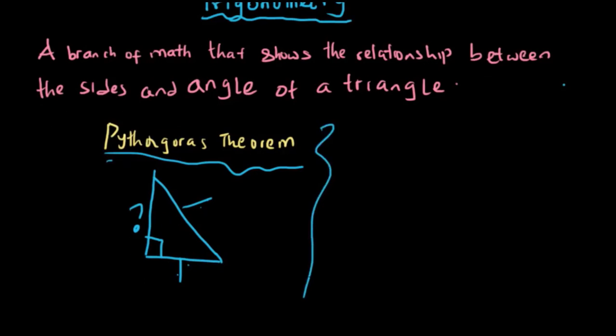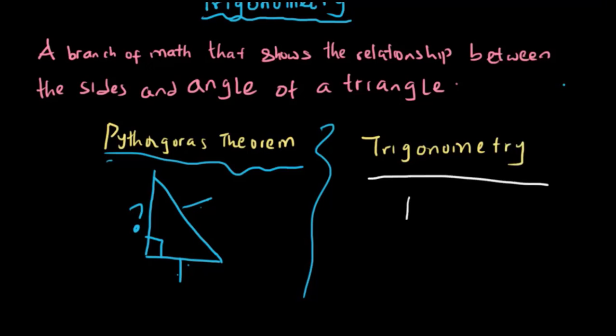Now, for trigonometry, however, we use trigonometry in a right angle triangle, but this time around, when we know one angle, we know one side, and we are told to find the second side.